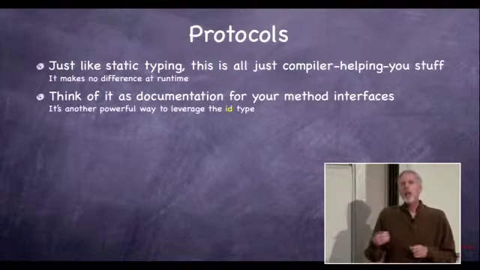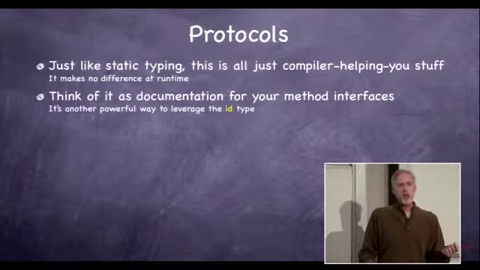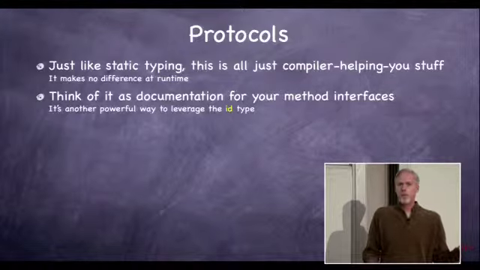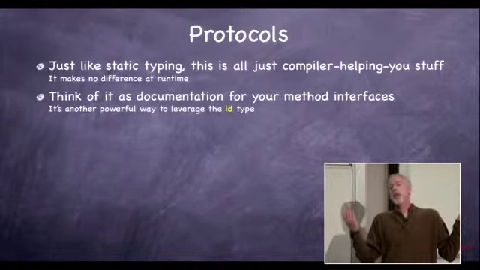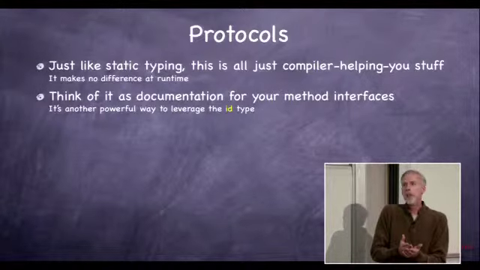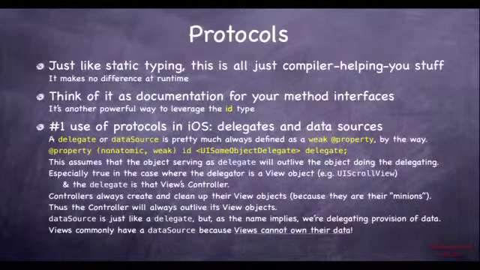You can think of it as documentation for messages you allow to be sent to these objects of type id. It's great documentation because you know this is an object of unknown type. I don't know what kind of class it is, but I know it implements this method, so that's good documentation of that.